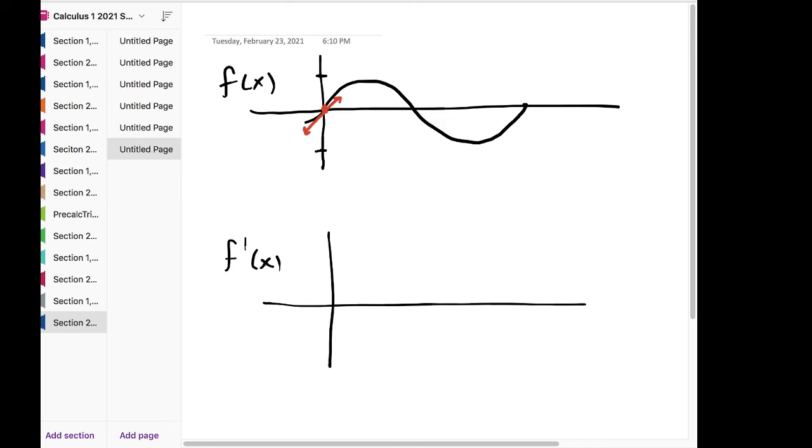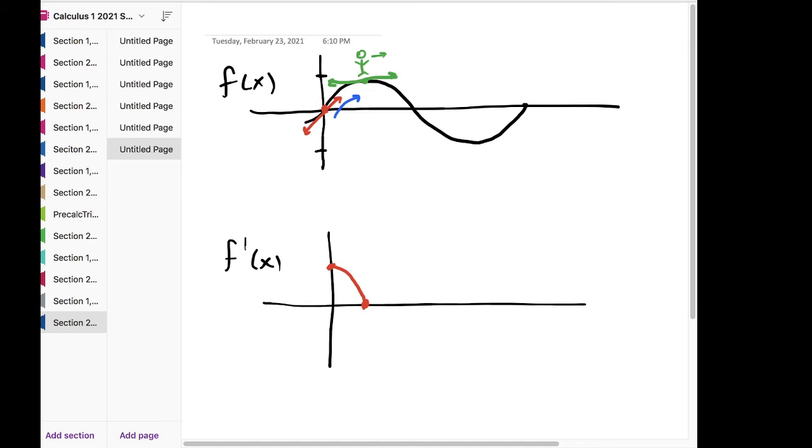Let's put it up here. Now, as you start going up like the mountain, what's happening to the derivative? Is the derivative increasing or decreasing? Right. It approaches 0, but it's still positive. So it approaches 0, because at the top of the mountain, it's 0.